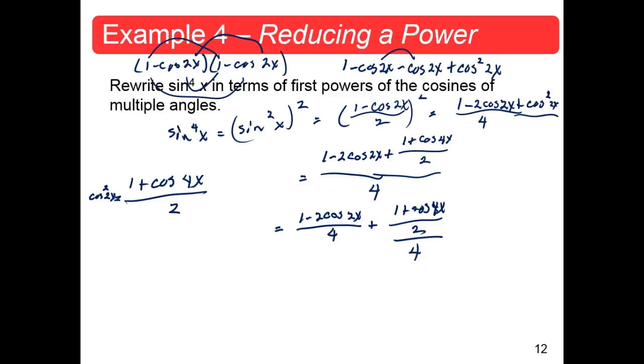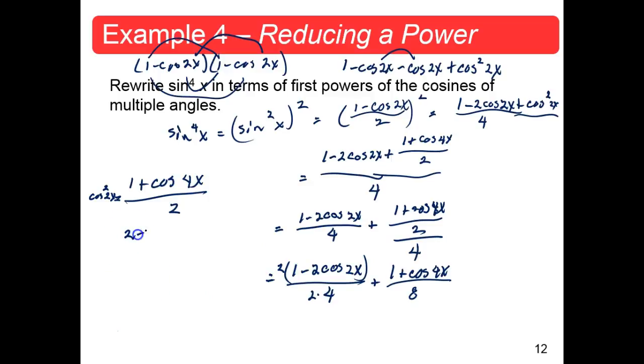So this could be written as 1 minus 2 cosine 2x over 4 plus 1 plus cosine 4x over 8. If you want the same denominators, just multiply this one by 2, but also multiply the numerator by 2. Okay, so let's see what that gives us.